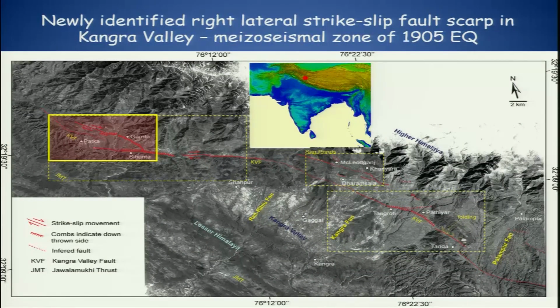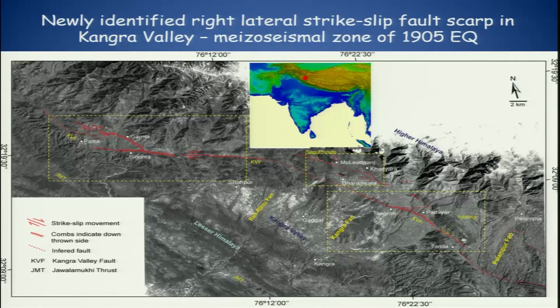So if you look at this part, we'll start from the western side, most prominent one, and as I told you, the combs are indicative of the down faulting side. But here what you see is very interesting. Okay. So you have this portion down, this up, but at this location this portion is up, this is down.